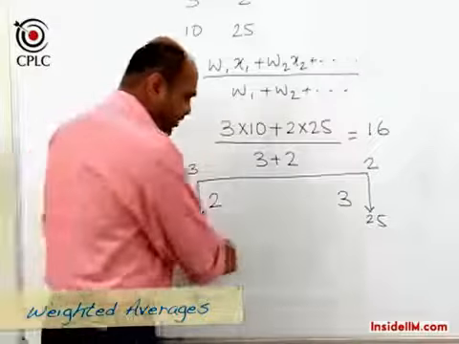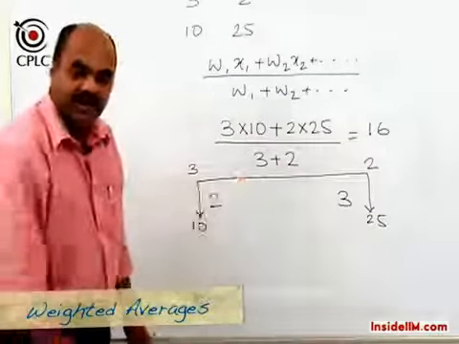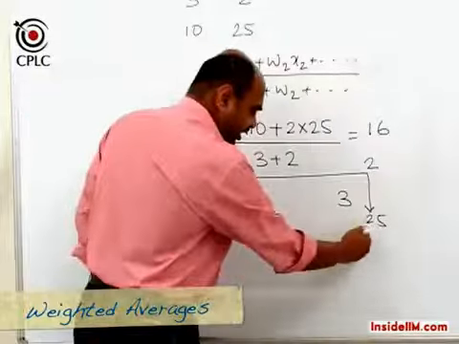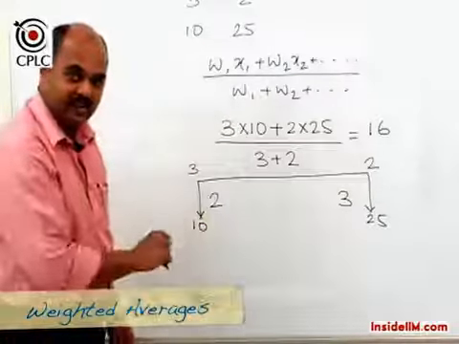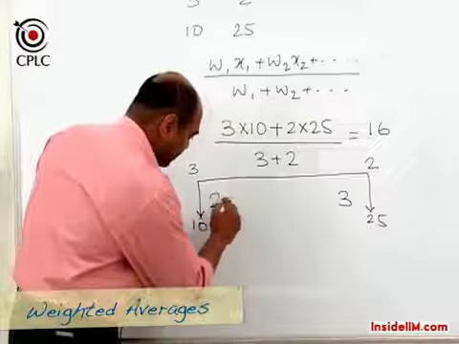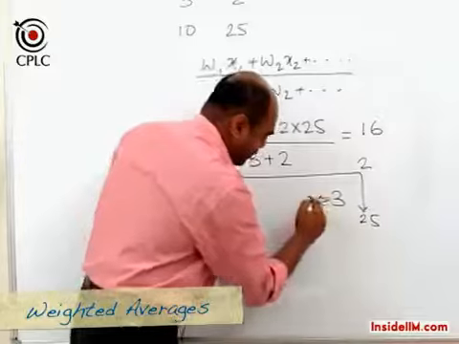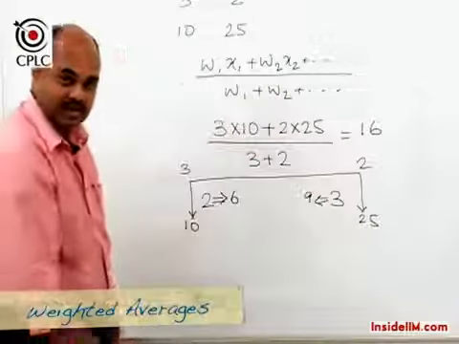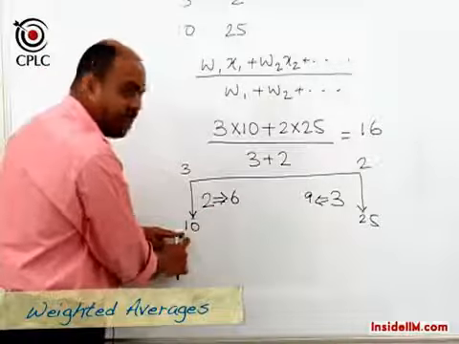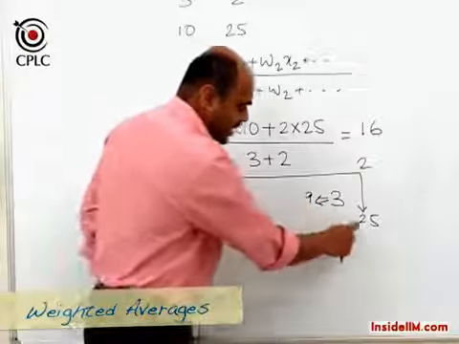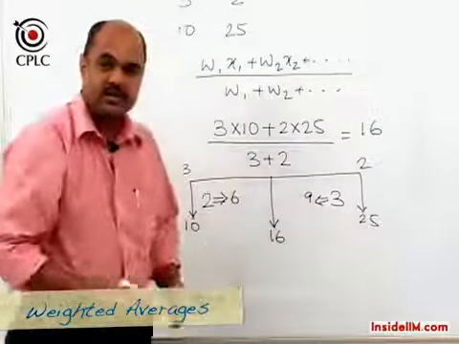If I check the difference, which is 15 between these two values, I need to divide this difference of 15 in the ratio 2:3, and if I divide it in this ratio 2:3, then these two parts would imply 6 and these 3 parts would imply 9, and hence the way I would balance this lever is if I add 6 to 10 or if I subtract 9 from 25, which would give me the same value 16.